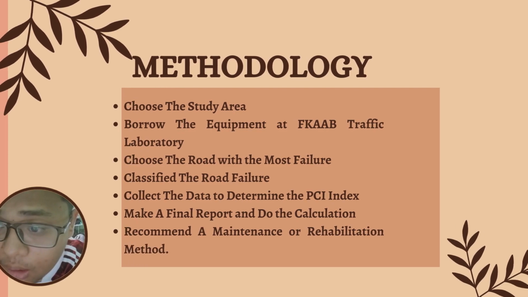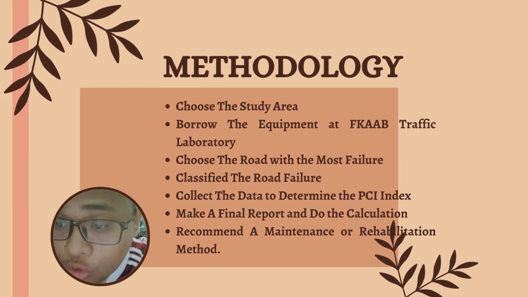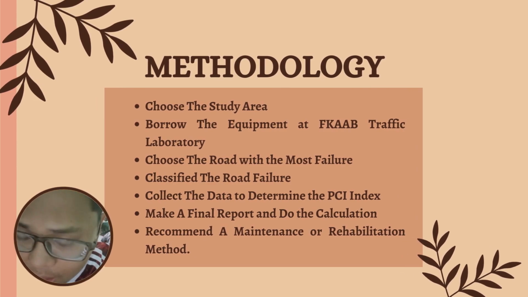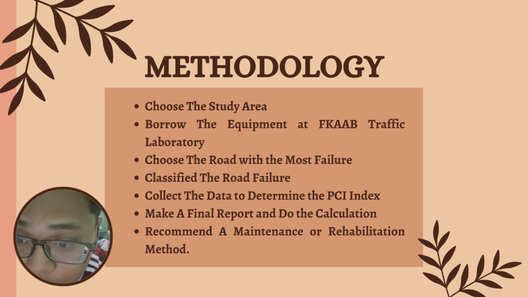For methodology, we need to choose the study area, which is Jalan Delta 1 at UTHM, and then we need to borrow the equipment from the Traffic Laboratory to execute the study.